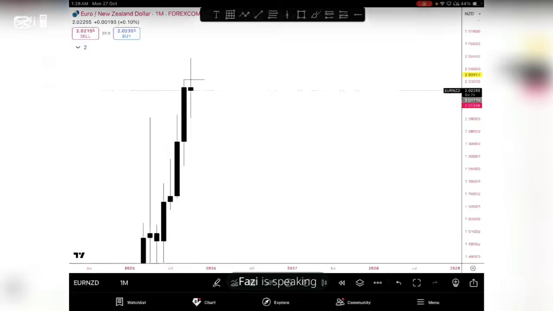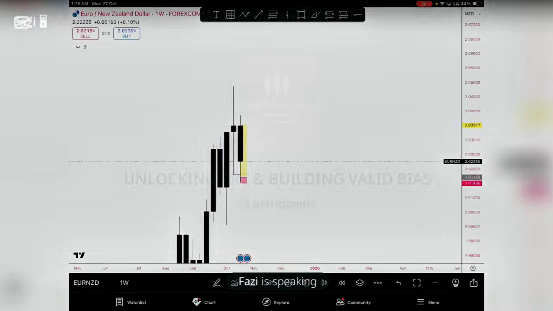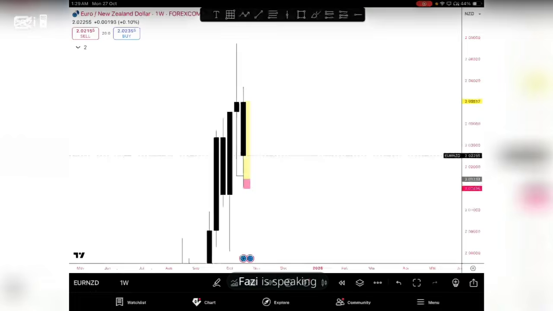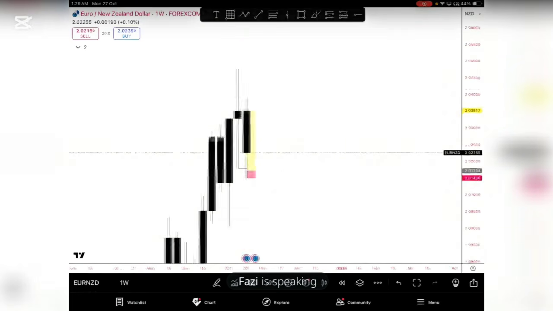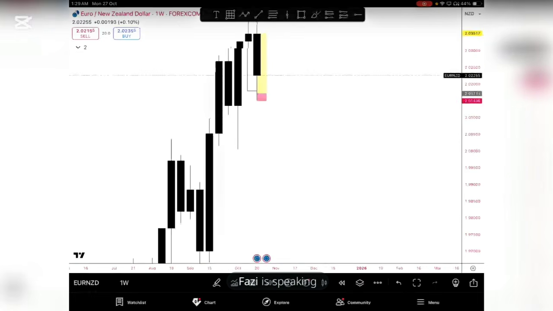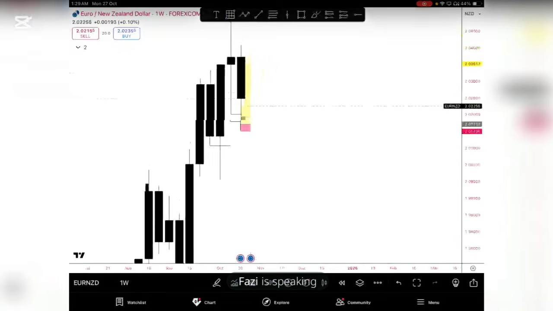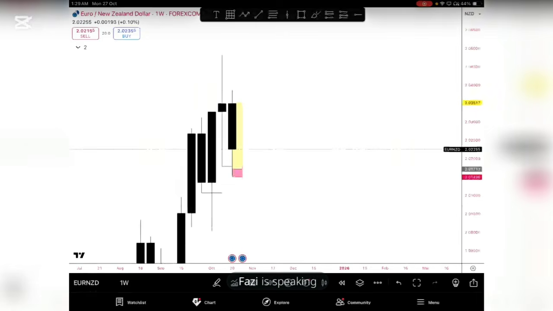Now get into the weekly time frame. What does the weekly give you? We don't have any sweep here. When you see here, the weekly has a sweep on this area, okay, and we don't have any sweep on weekly here. Let's get into the daily.